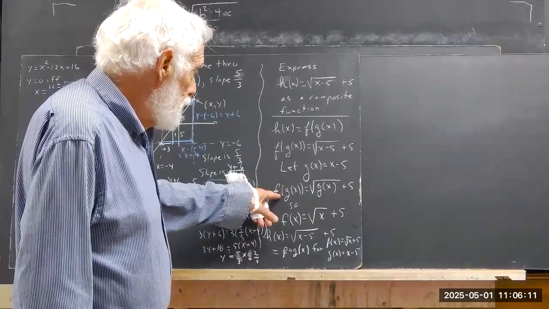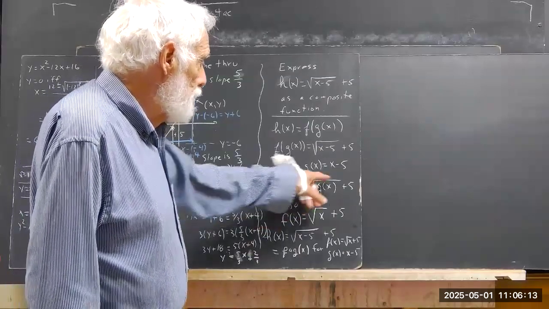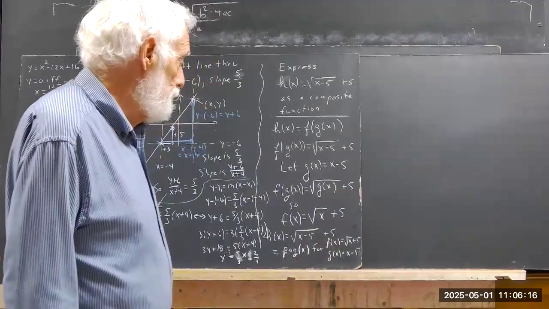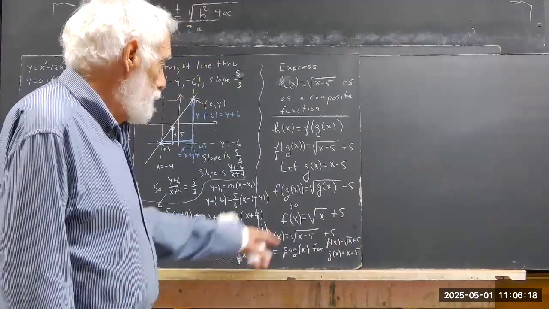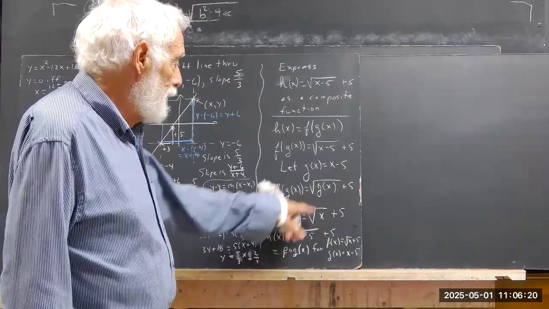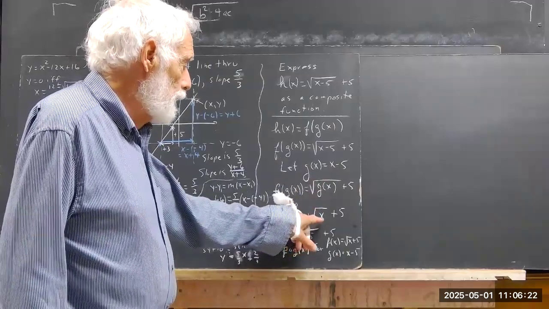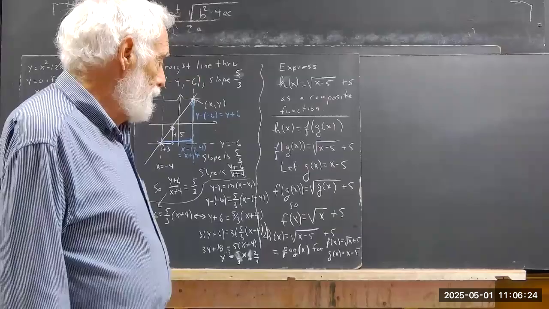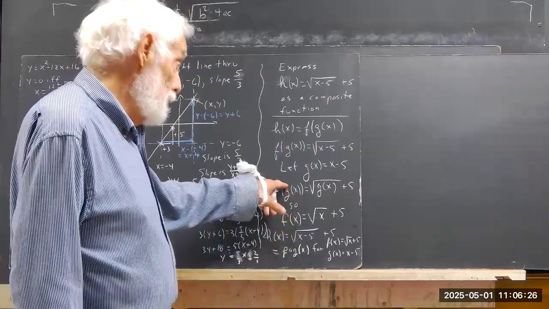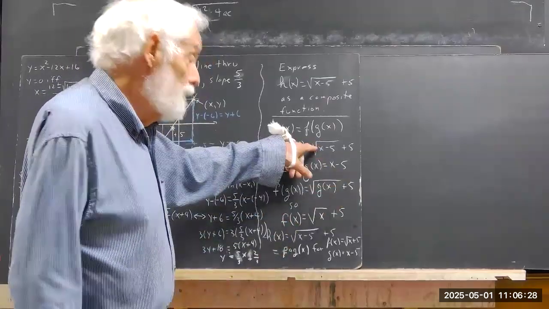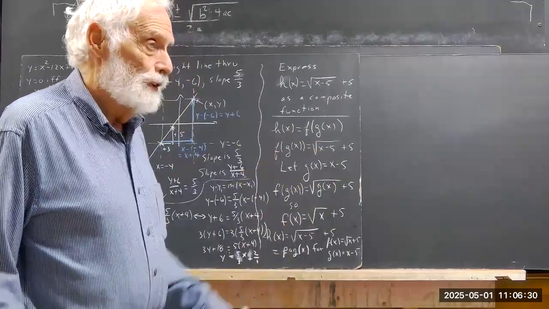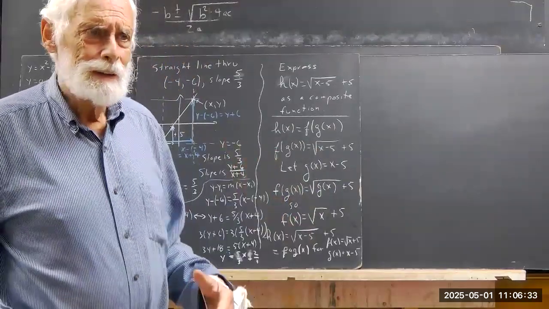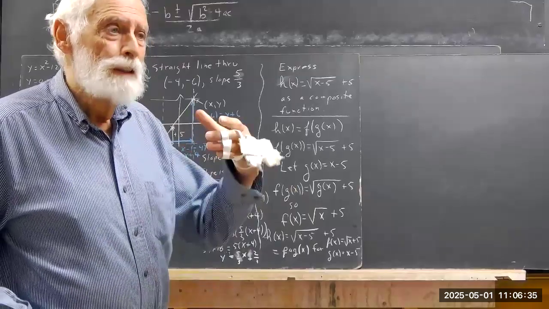So f of g of x then is equal to the square root of g of x plus 5. Well then, if we just replace g of x by x, we get the formula f of x is the square root of x plus 5, such that when we replace x by g of x, we get this. So that's a kind of logic that would be good to understand.